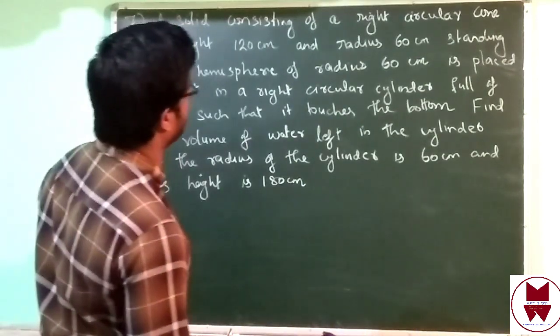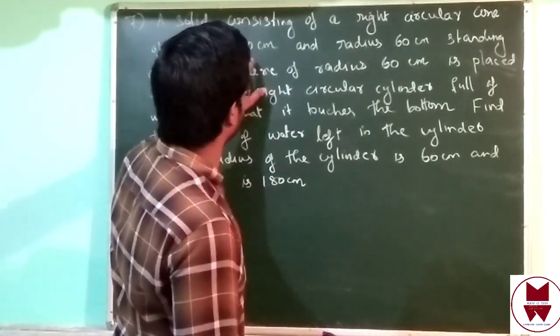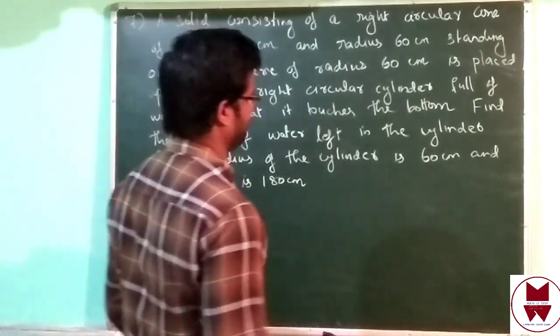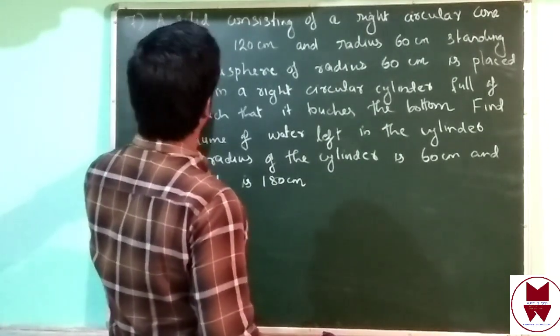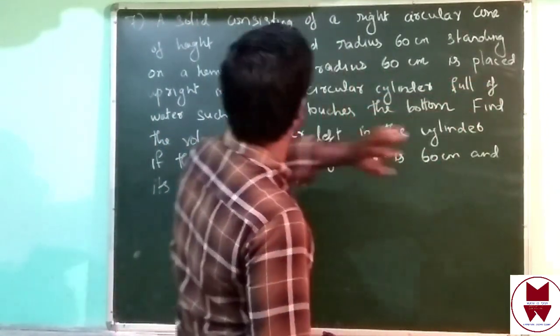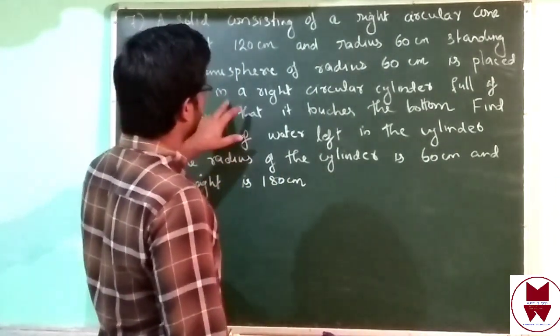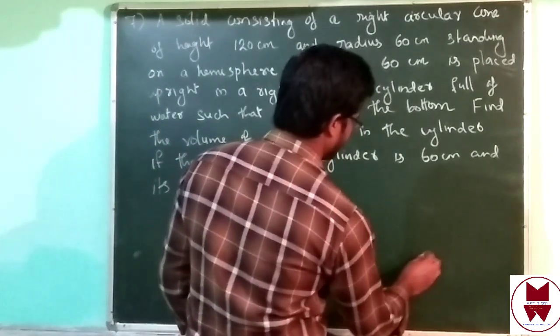Now we can see question number 7. A solid consisting of a right circular cone of height 120 centimeter and radius 60 centimeter standing on a hemisphere of radius 60 centimeter is placed upright in a right circular cylinder. Okay, we can draw that figure.